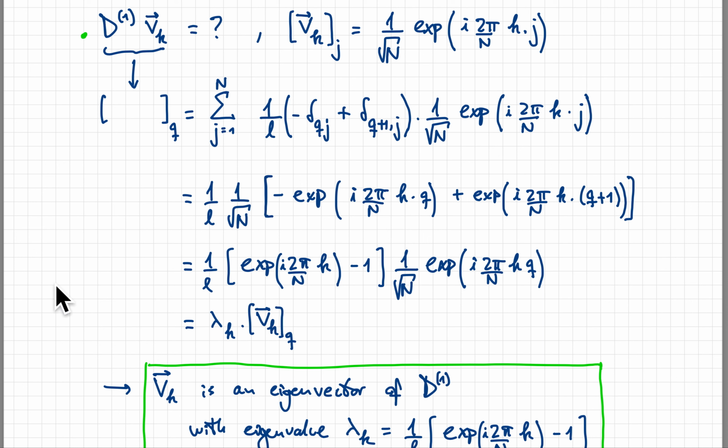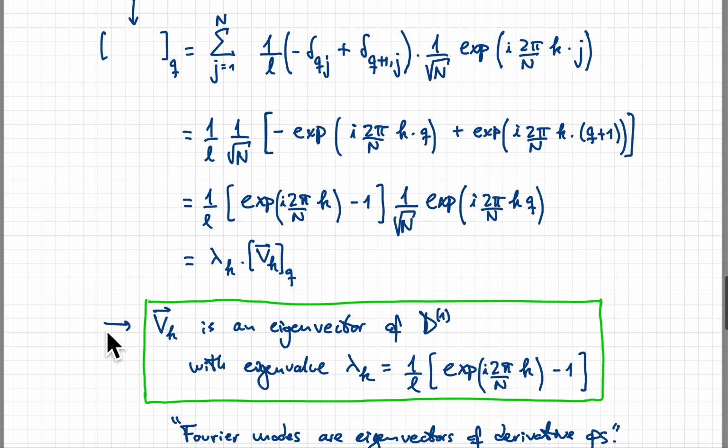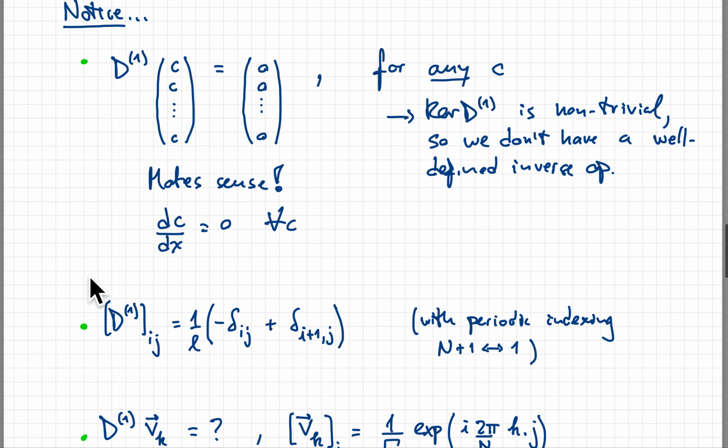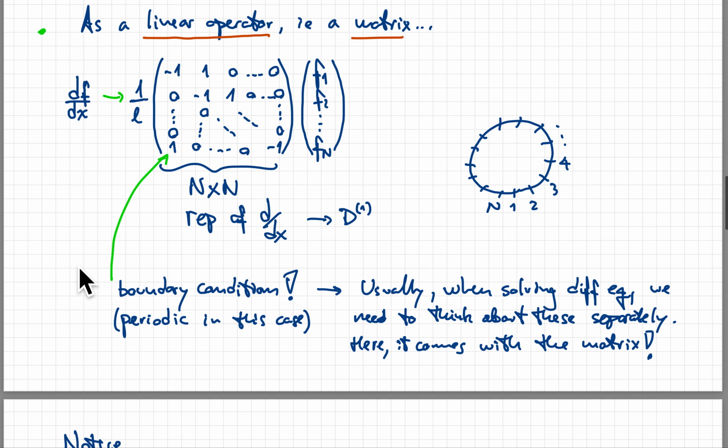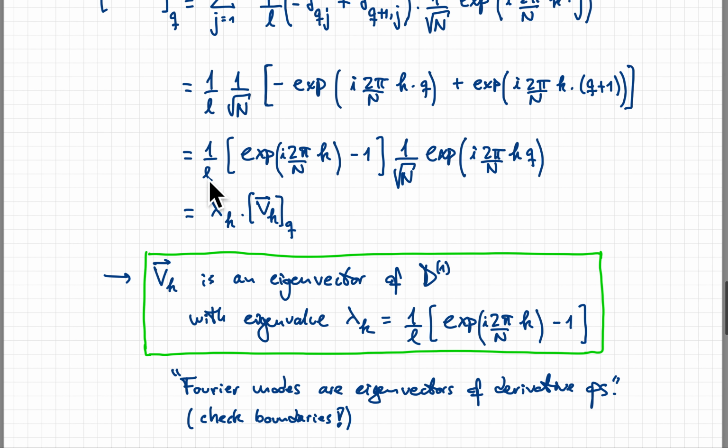And so what this is telling us is that applying our matrix D to a vector returns the same vector as a result times a constant in front. And that constant depends on which vector you're talking about, because the vectors are indexed by k. But the bottom line is simple: v k is an eigenvector of this derivative operator that we constructed before, the one that takes this form here, with eigenvalue lambda k given by 1 over L, and then this term in brackets, exponential of i 2 pi over n k minus 1.